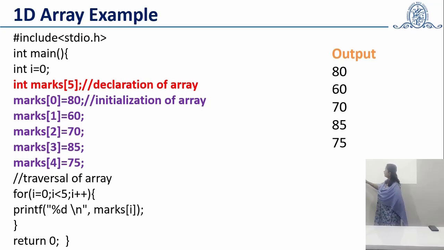Within the for loop from 0 to 5 I print each and every element of this array. Here marks is our one-dimensional array with the capacity of storing 5 elements, and you can see the output.